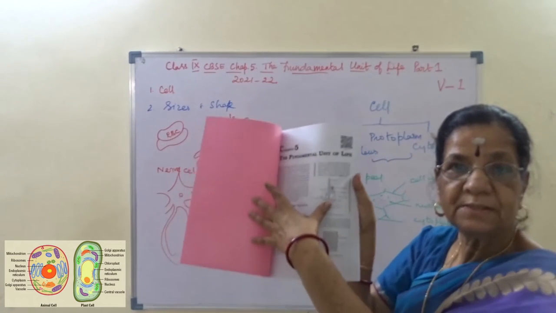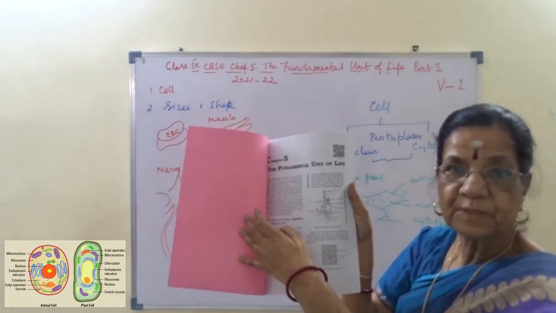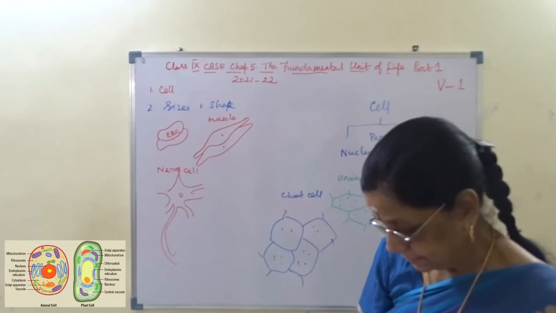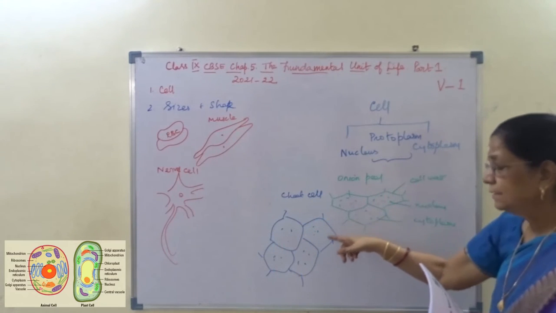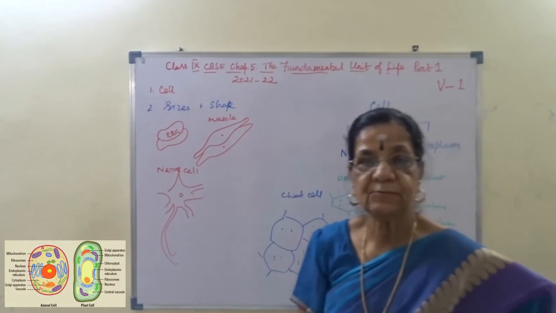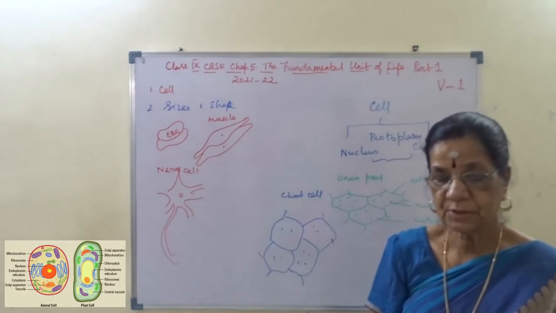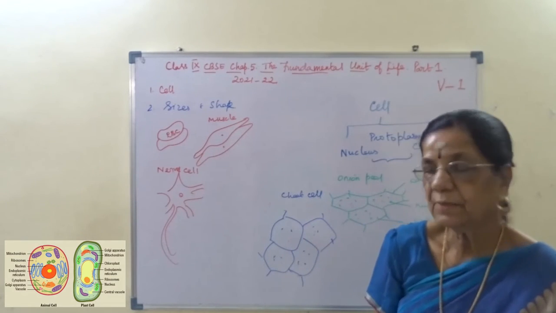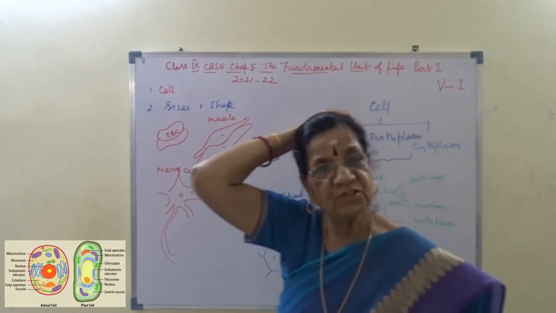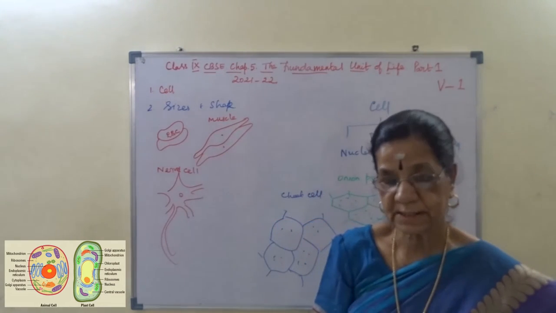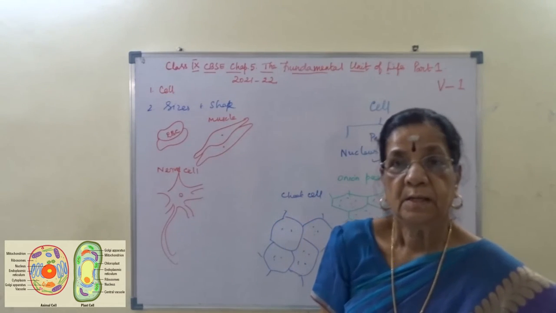Microscope structure is given in our textbook. And then cells of the onion peel, this diagram. Then cells of the cheek cell for animal cell. The onion and cheek cell are not in our book, but we used them last year. You have to recollect that. I hope you understand.